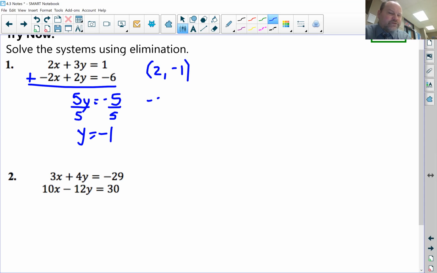So -2 times -1 plus 2y equals -6. Ooh. This is +2 plus 2y equals -6.